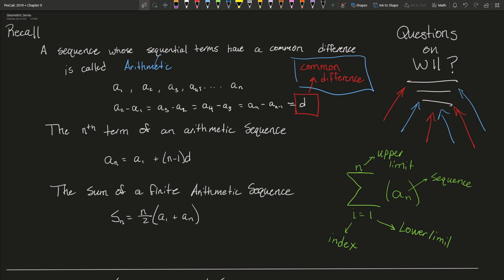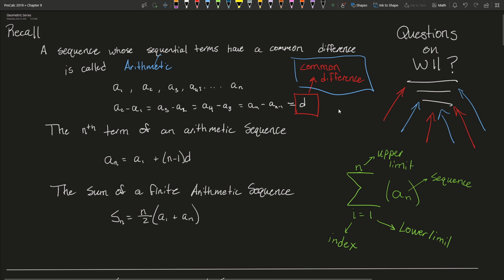Right. So just a little bit of a review. A sequence whose sequential terms have a common difference is called the arithmetic sequence. So the difference between every term is a constant number. That constant number we will denote as d, and we will call the common difference.